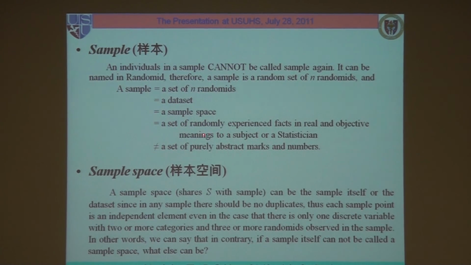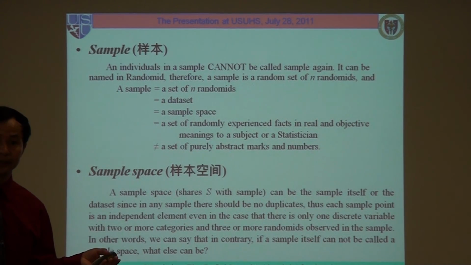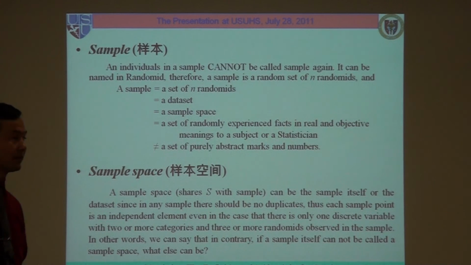A set of random experienced facts in real and objective meanings to a subject or a statistician. This is a sample. It's not an individual in a sample. But it is not a set of purely abstract marks and numbers. Everything in a sample is not purely abstract numbers. It has meaning.